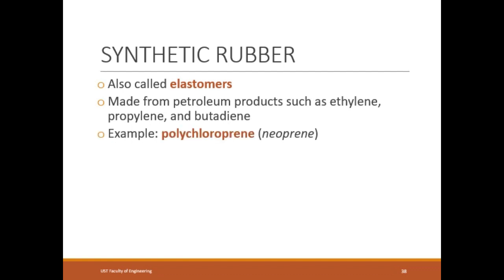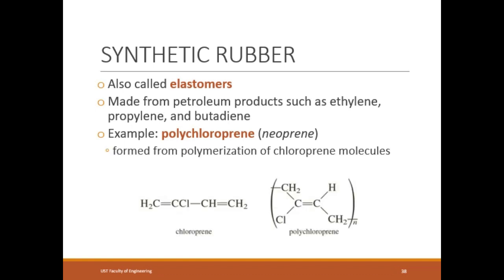One example of an elastomer is neoprene, which is the first synthetic rubber, an addition polymer formed from chloroprene monomers. Neoprene is most famously used in wetsuits, like in scuba diving or in surfing, and this material keeps you warm in water.